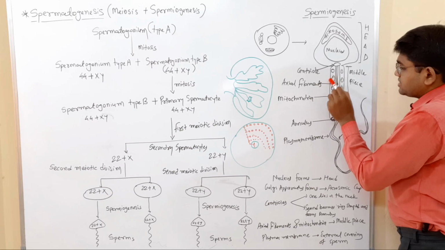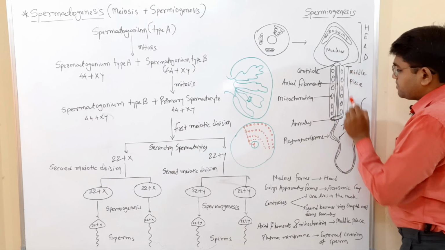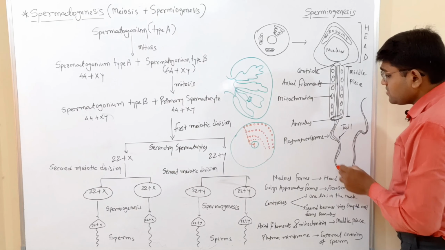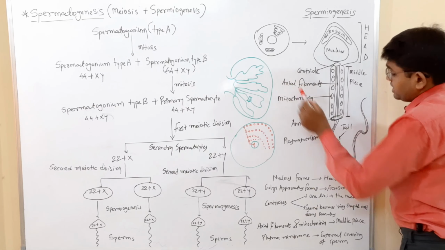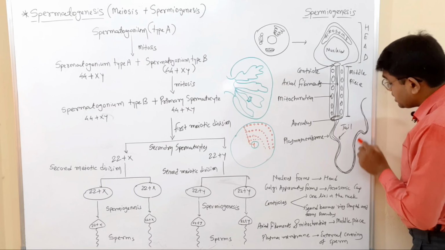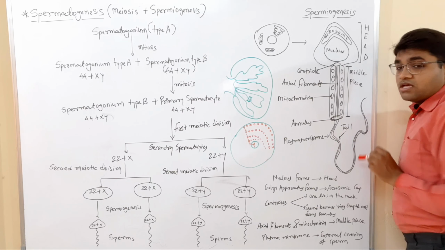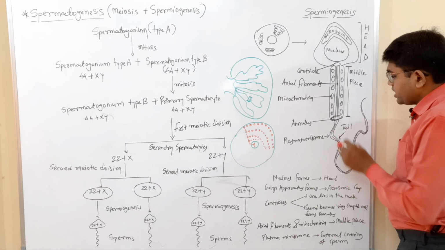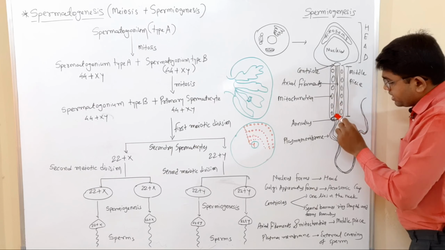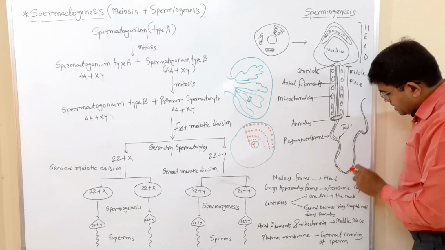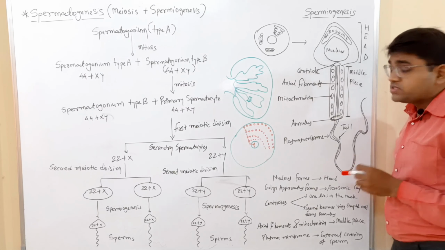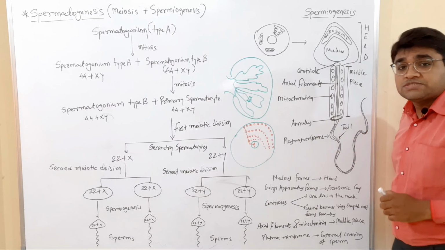These axial filaments and mitochondria combined form the middle piece of the sperm. The remaining plasma membrane forms the tail of this elongated sperm, and the elongated axial filaments are also present in the tail.